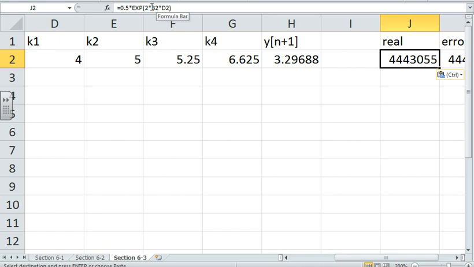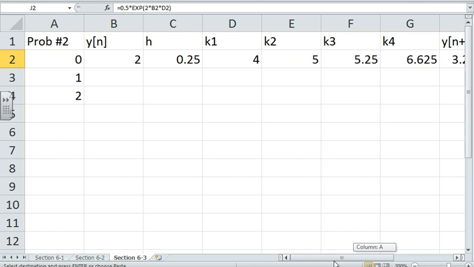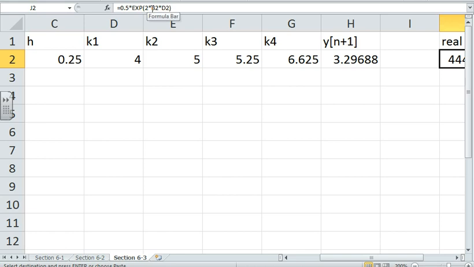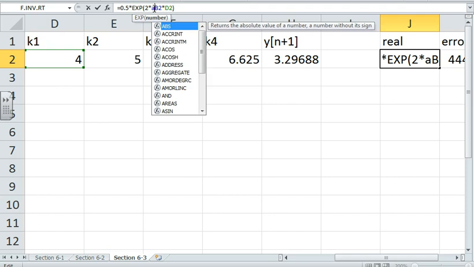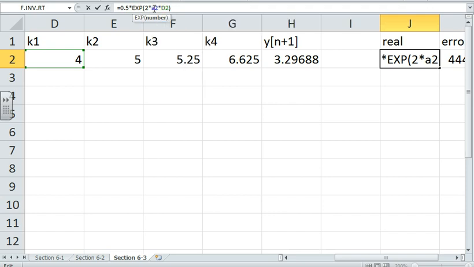So 2 times x. X is going to be A2 plus 1 times C2.